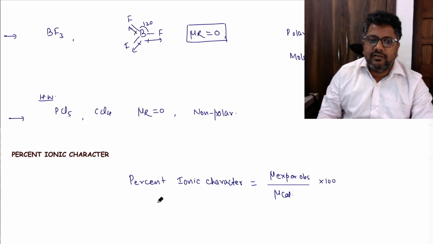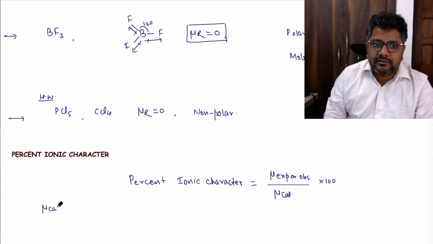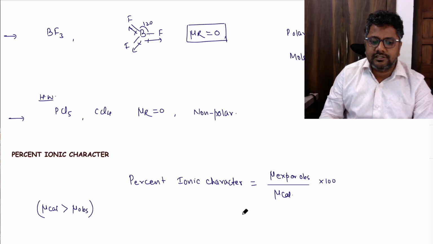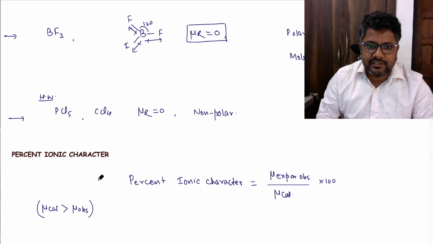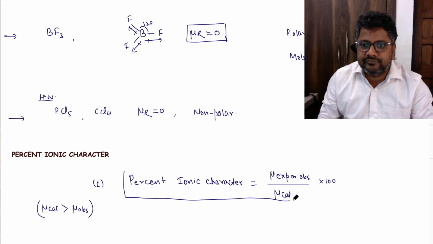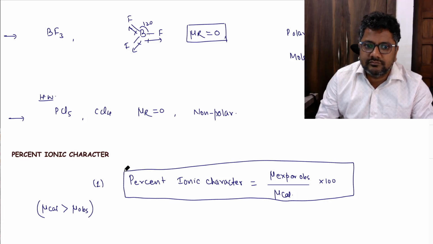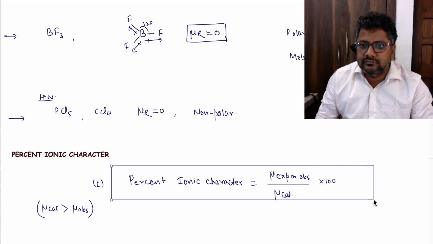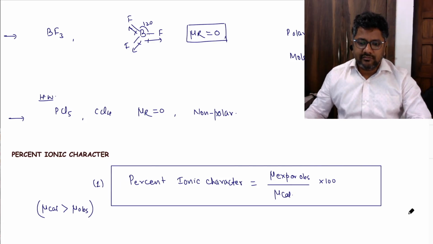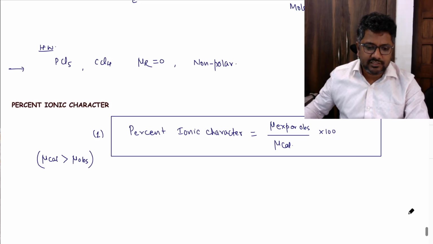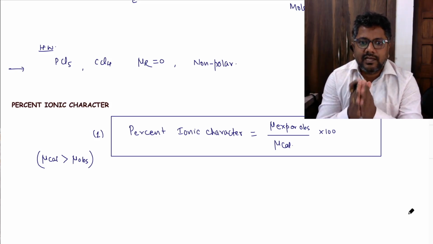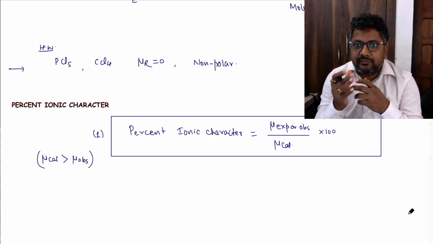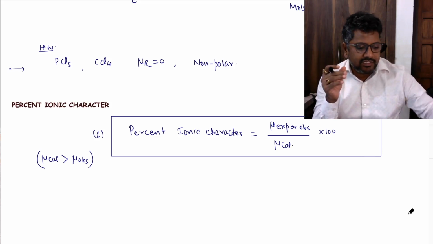And you know mu calculated is always greater than mu observed, right? So this is one method to calculate the percent ionic character if you have the dipole moment.